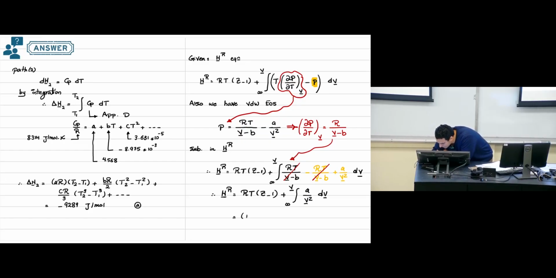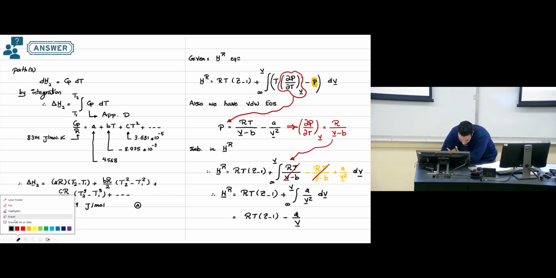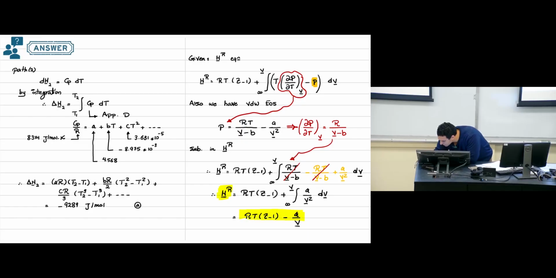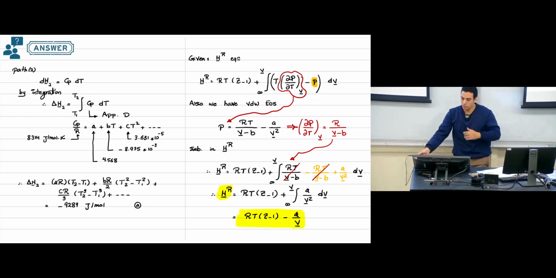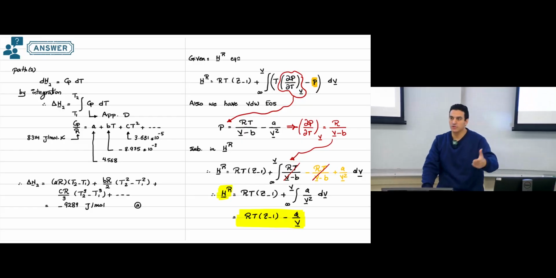And if you make this integration, this will be RT (Z minus 1) minus A over V. So this is the final equation we have for the residual property. And this is the equation we will use to substitute for path number 1, path number 3 to find both of them.